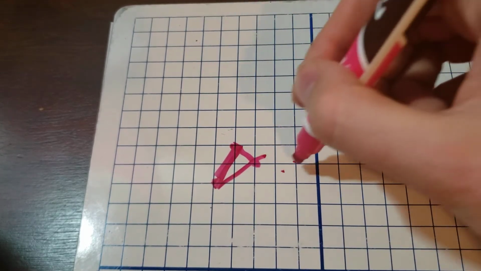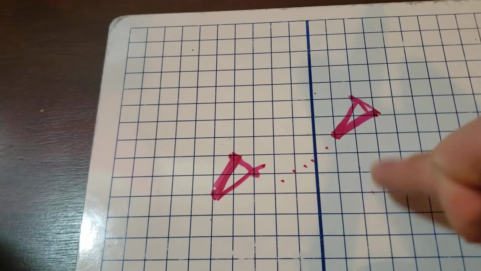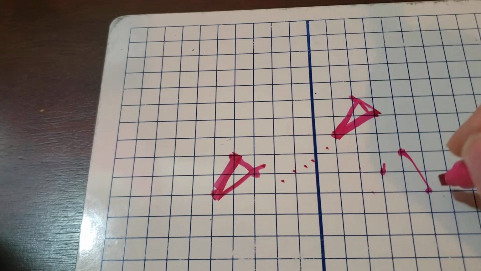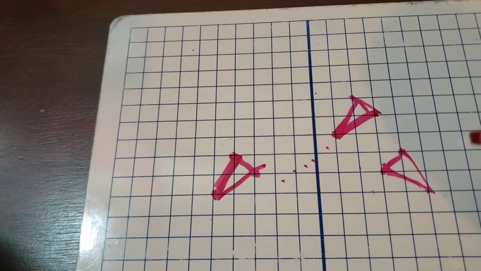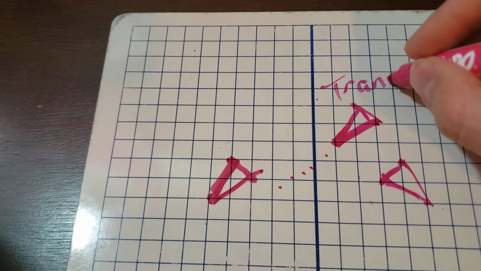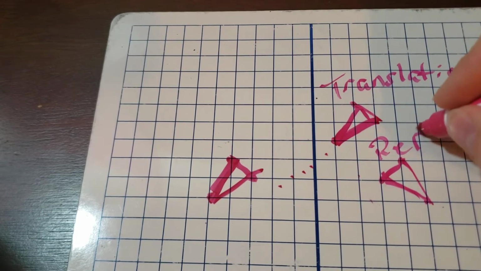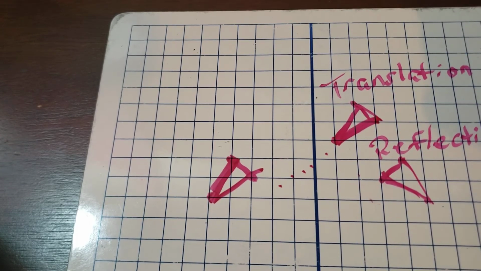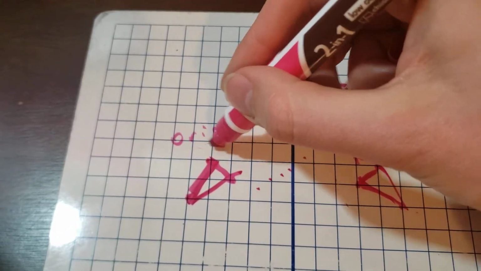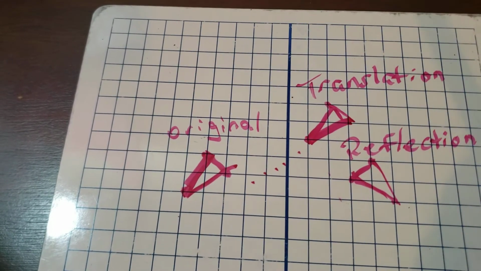Whereas if this were mirrored across this axis, it would be something like, actually, it would be, okay. So this is translation. And this is reflection. This is the original.